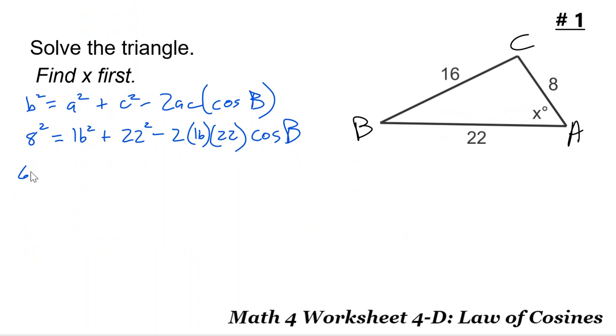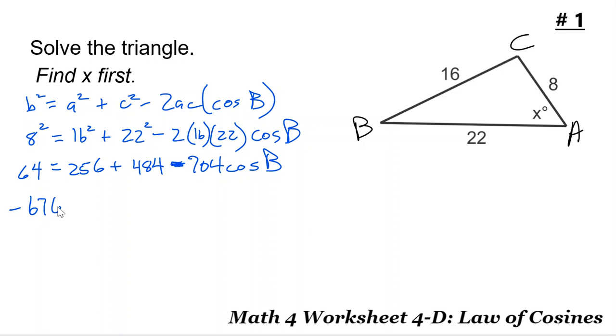So now we're saying 64 equals 256 plus 484. 44 times 16 in the calculator is 704 cosine B.